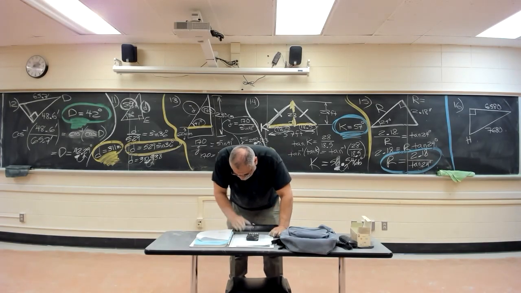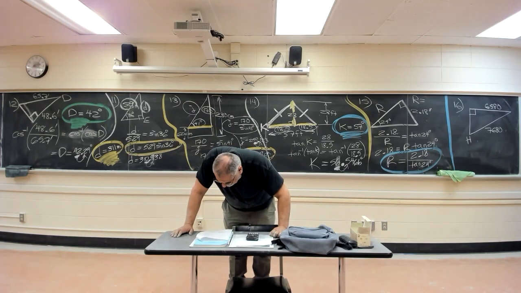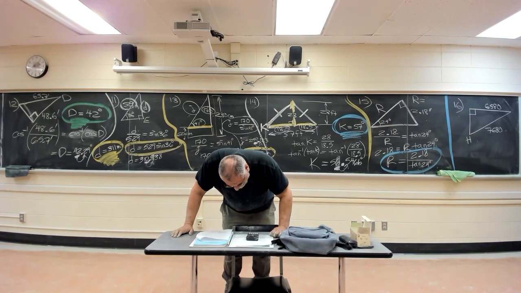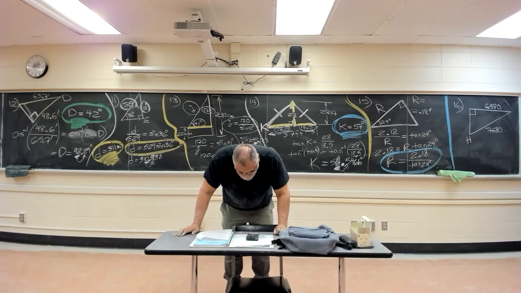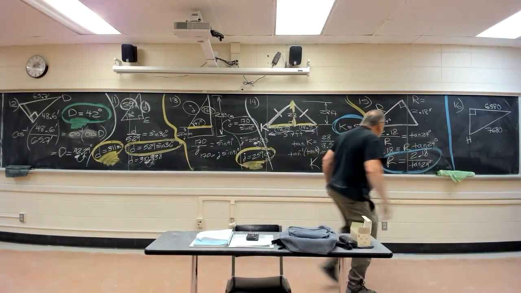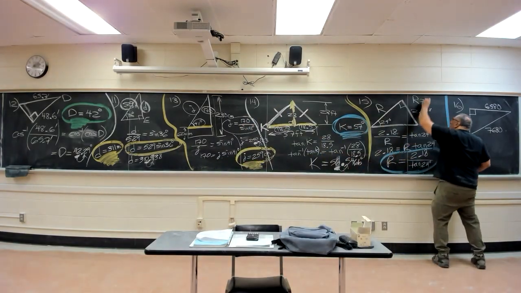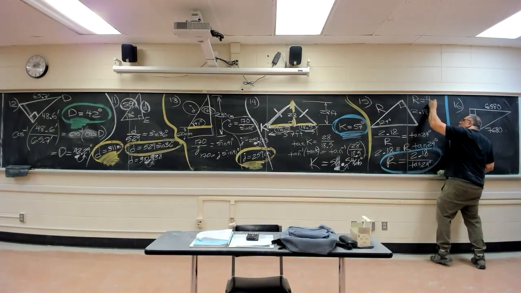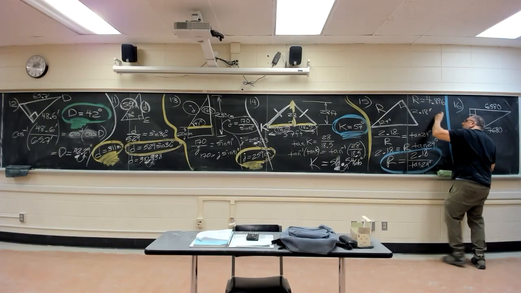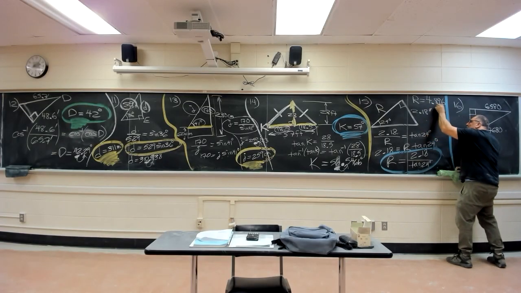I got 4.896, so let's see how the whole thing plays out. 4.896 to the nearest hundredth. Is that 9 going to stay a 9 or go up to a 10?